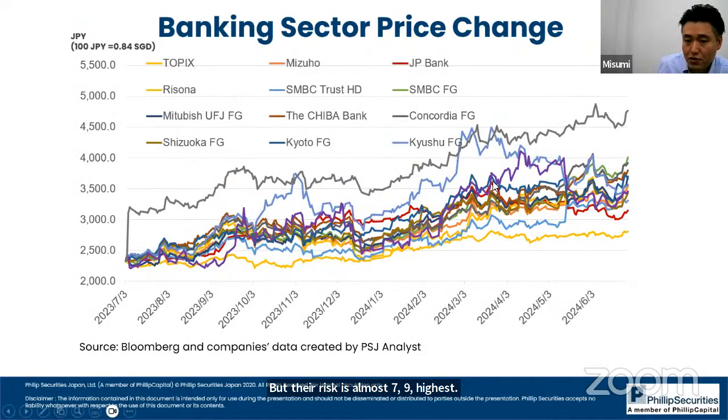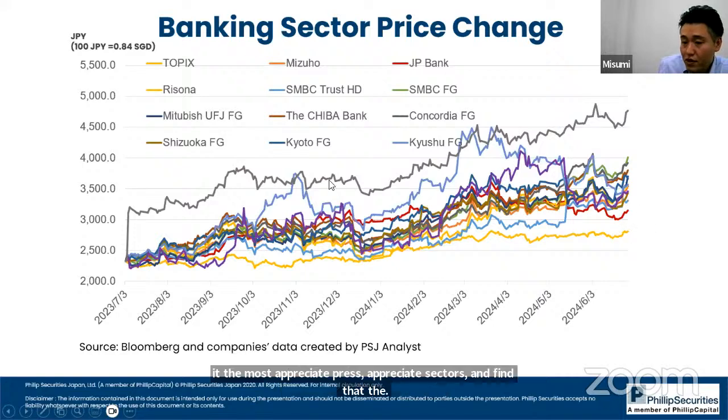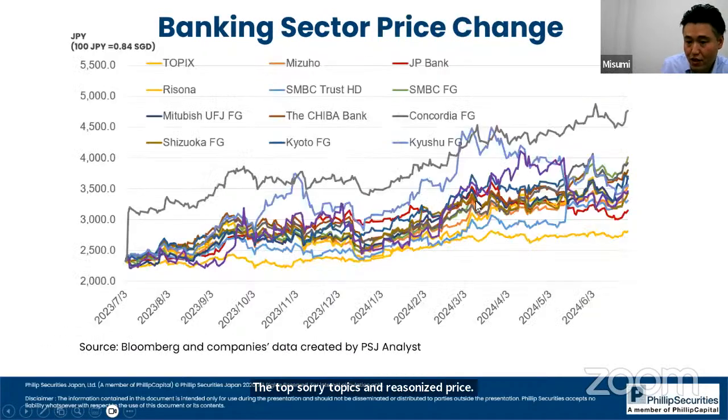So let's move to the banking sector price change. The banking sector is the most price-appreciated sector. The TOPIX and the banks index are similar in price, but the TOPIX is here, and the banks are here.